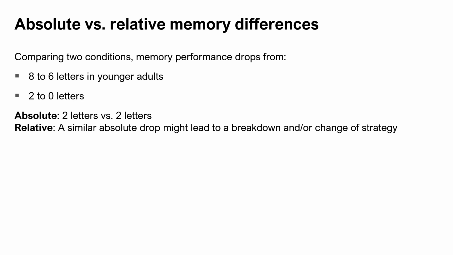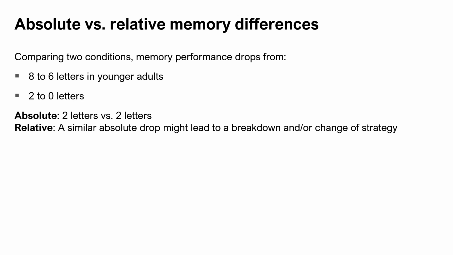but the proportional drop is a lot smaller in the young adult group, and in this specific extreme scenario, this drop seems to lead to a complete breakdown of memory in one group, in that they do not remember anything. So they are actually performing at floor level in this condition.